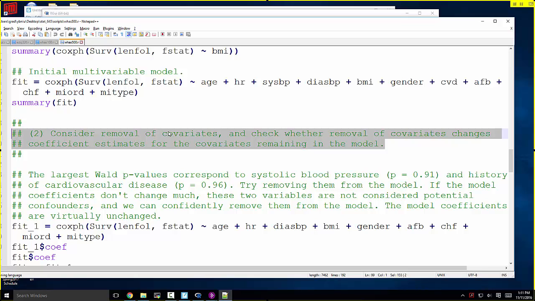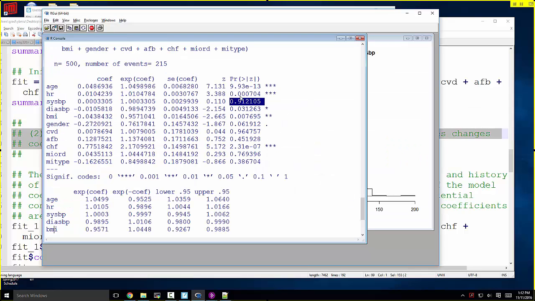We're going to start back at that multivariate model, the first one that we considered, and consider might we be able to remove one or more of the covariates? Certainly the first candidates for removal are variables that have big p-values. That's where we would start, at least. They don't appear to be important once everything else is in the model.